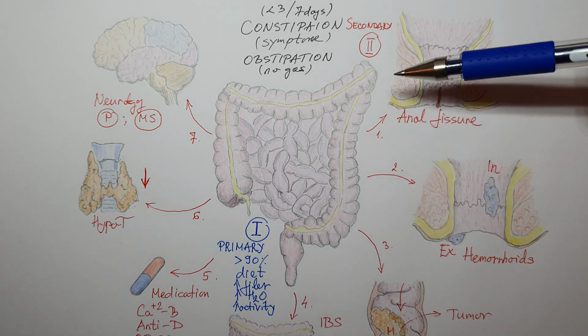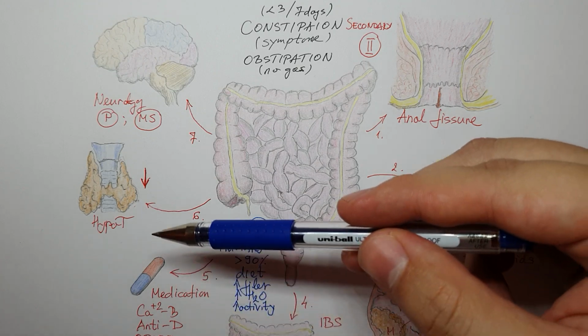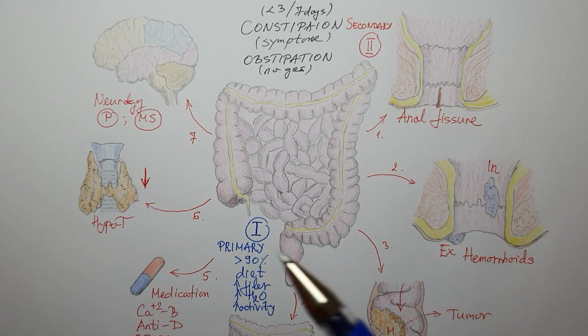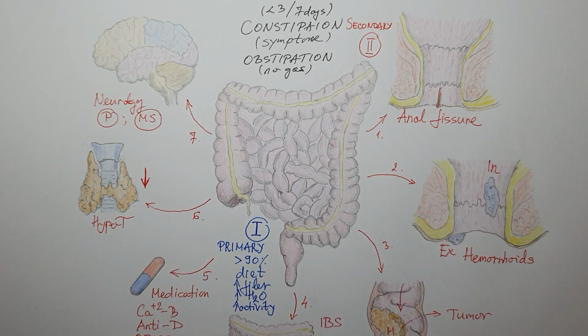But if we find there is a bloody stool, there is weight loss, there are other symptoms that can be thought to be problems with the thyroid, some Parkinson problems, and so on, there will be other symptoms besides constipation. We need to do more diagnostics and probably consult more colleagues to see what is actually the primary cause of this secondary constipation.